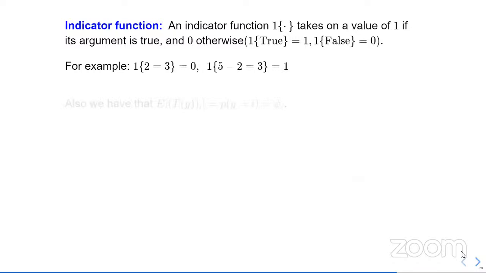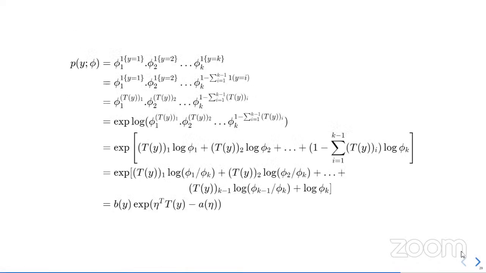The last expression is in b of y, that one. It's there at the end. So it has this form, and you only need to compare these things. You can compare from here. It's the vector product. Look at the second last expression: this is T of y times log of phi 1 upon phi k.